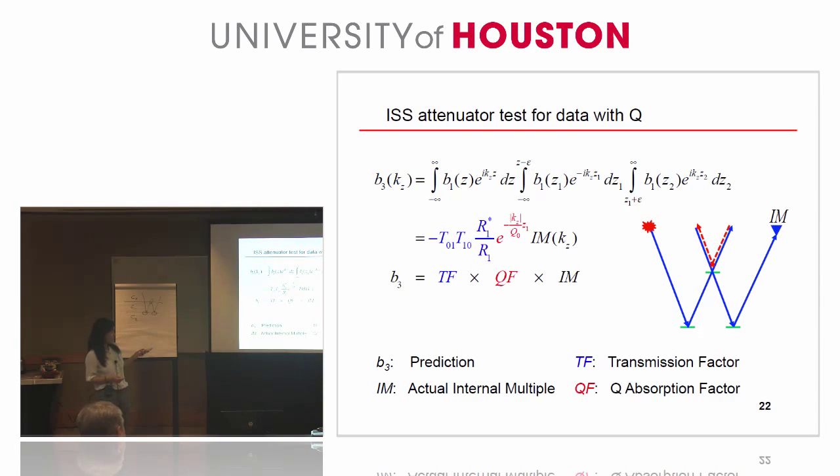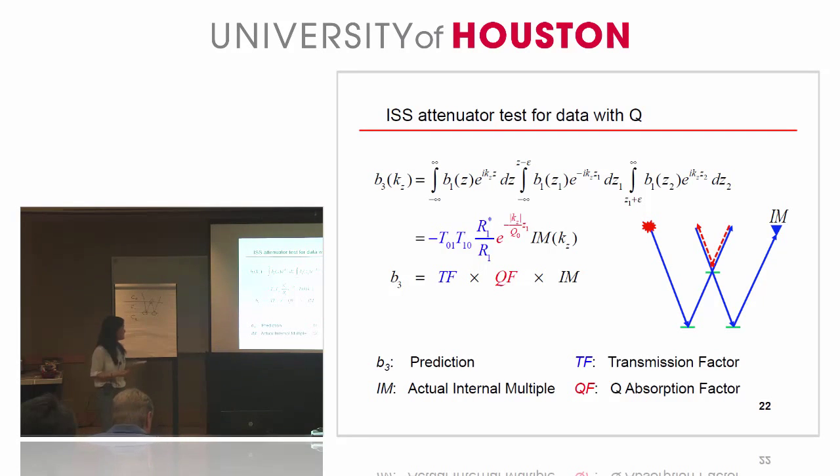At the end of this part, I'd like to remind you that the data go through absorption and dispersion, but the ISS attenuation algorithm doesn't have all that information. Remember that constant C0: it just uses a constant-velocity acoustic background. Given all that, you can predict your internal multiple with the exact time and approximate amplitude.